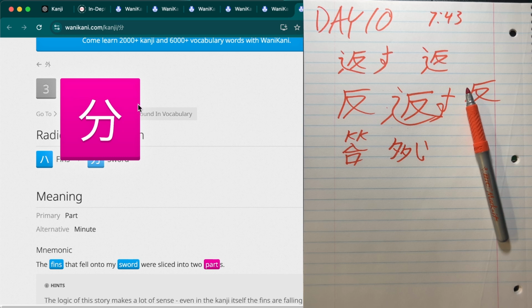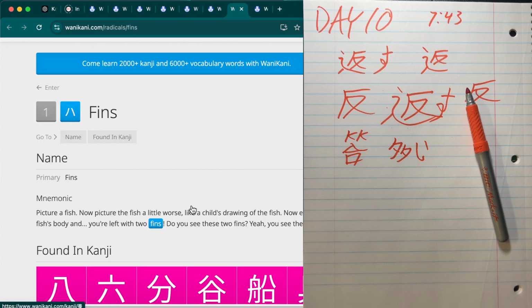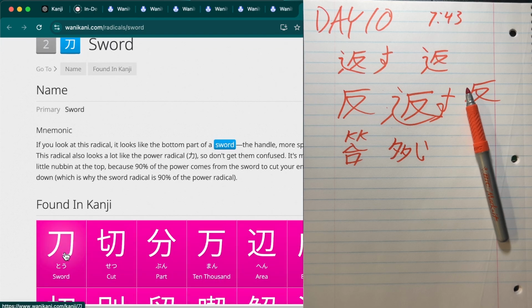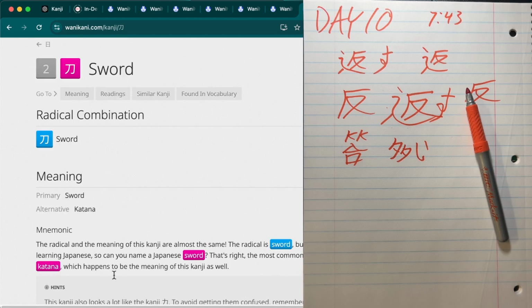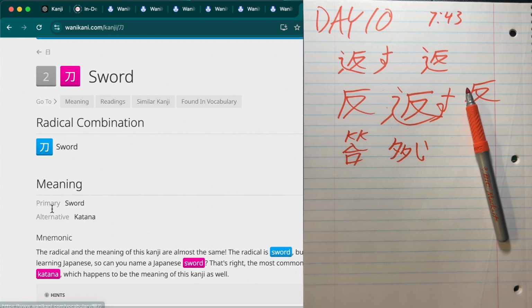Yes, it is. So it's part and also minute. How interesting. Fins and sword. Fins by itself means eight. It's interesting. This is actually a radical on its own. The radical is sword, but we're learning Japanese, so you can't name a Japanese sword. That's right. The most common is katana, which happens to be the meaning of this kanji as well. So that's a katana. Interesting.